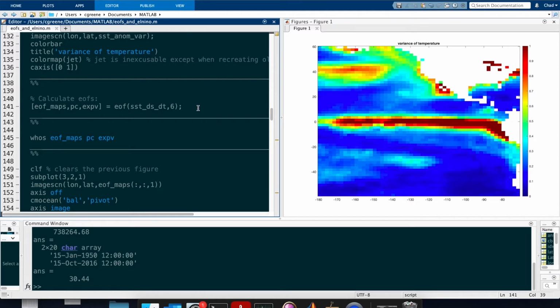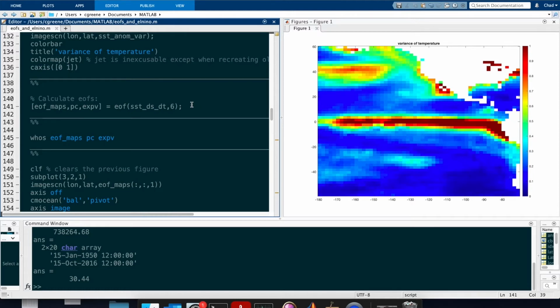The way EOFs work is there's usually one mode for every time step that you have. And in this case, we have 802 time steps, and that's really more than we need. It's computationally more expensive to calculate any more modes than you need. And usually anything after the first few modes is noise anyway.